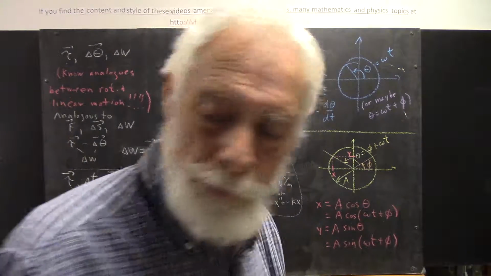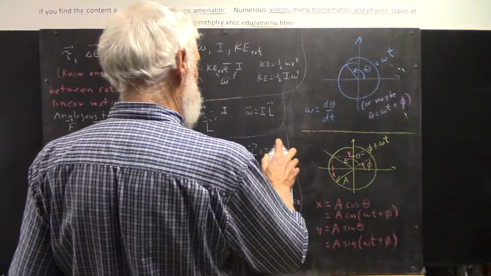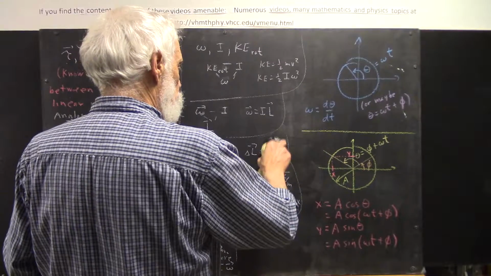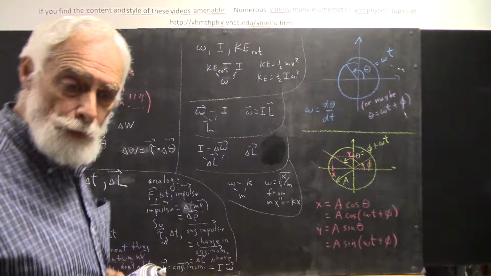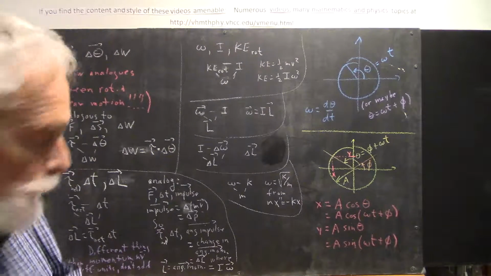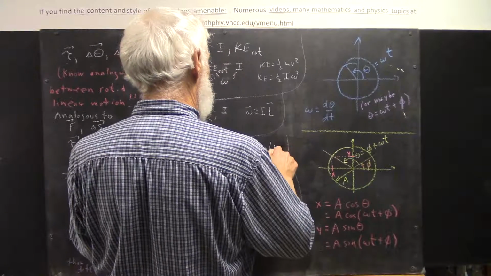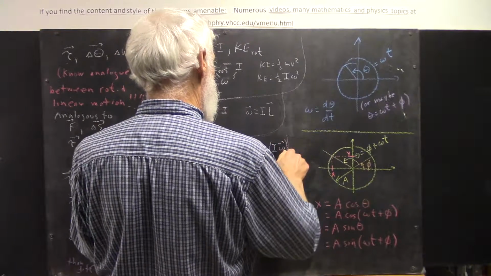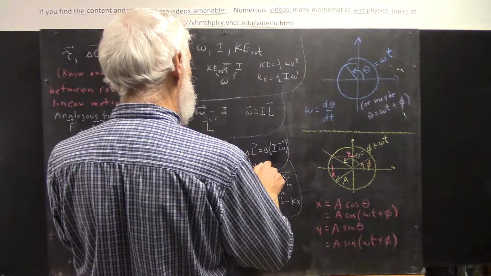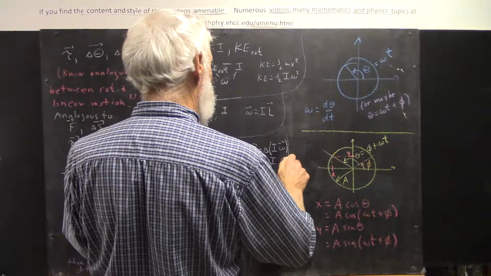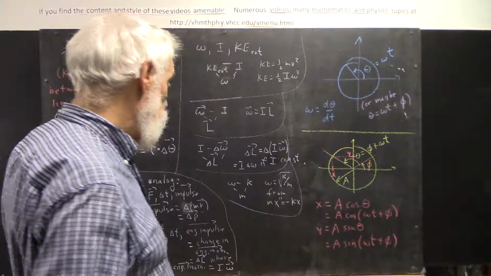If the moment of inertia of a system is constant, then that's valid, but that's not always the case. So I should have said that delta L is the change in I omega, and that equals I delta omega if I is constant. So we want to be careful about that.